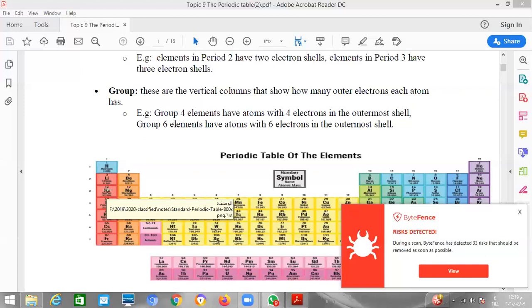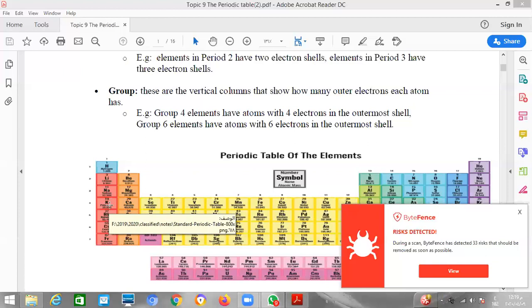Also, my question to Muhammad Dori: can you give me the electronic configuration for potassium, not calcium? Potassium is 19, so 2, 8, 8, 1.